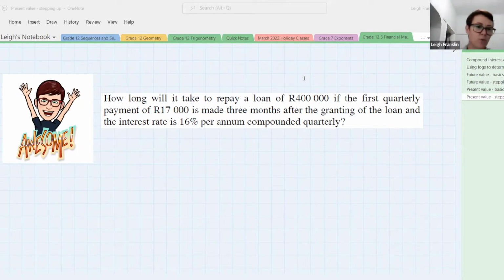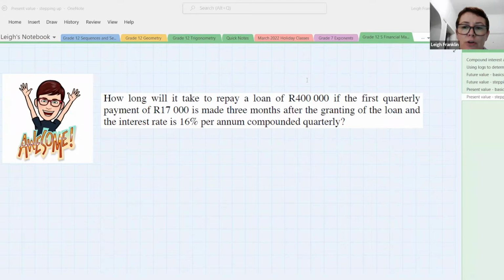in the present value formula are they asking us to calculate here? Matrix, what letter? If it says how long, what do they want from us? They want the value of, there we go. Okay, they want the value of n, quite right. Okay, so you're going to use logs because you're calculating n.